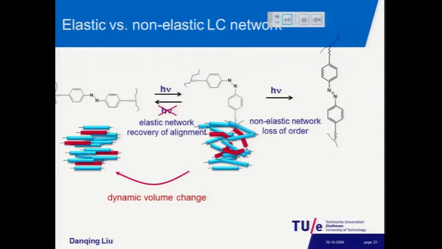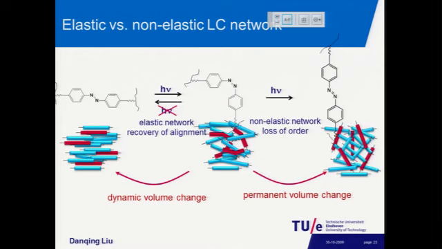And in light, this is a more stable state because light is coming from the top, and now it's in a non-absorbing state. So now it is not becoming excited as often anymore. So there's a strong tendency of the molecules to undergo this reaction in a non-elastic network, and that would lead then to a non-dynamic system, but more to a permanent volume change.